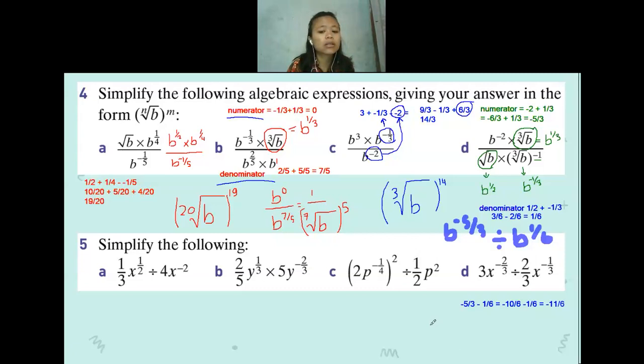So the final answer for question 11, we can make it as 6th root of b, and then the power is negative 11. You can keep it as negative 11 by 6 like this, it is also okay.